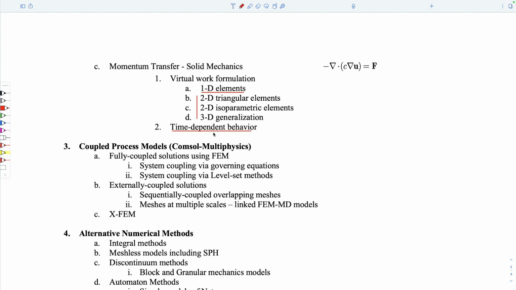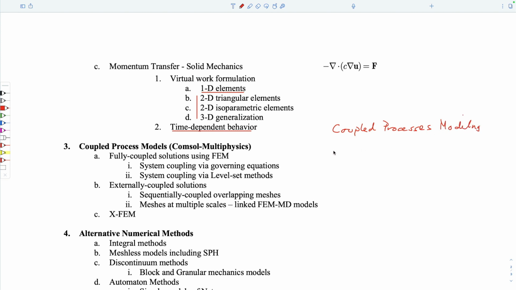And so when we look at this, one way to think about this is people talk about coupled process modeling, or coupled processes modeling.